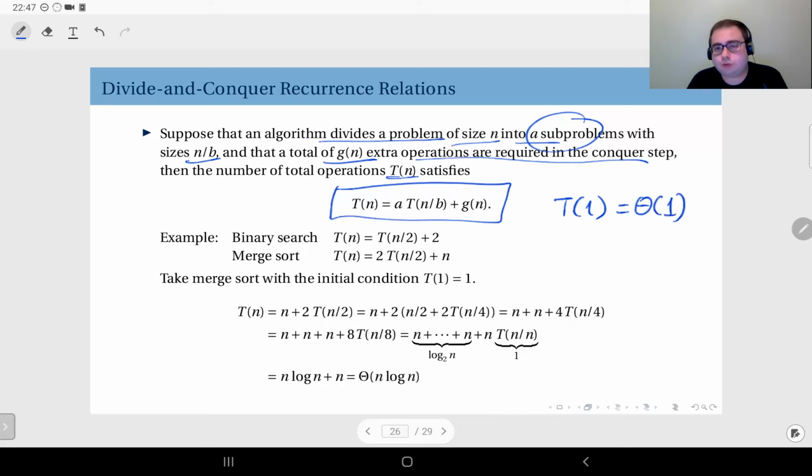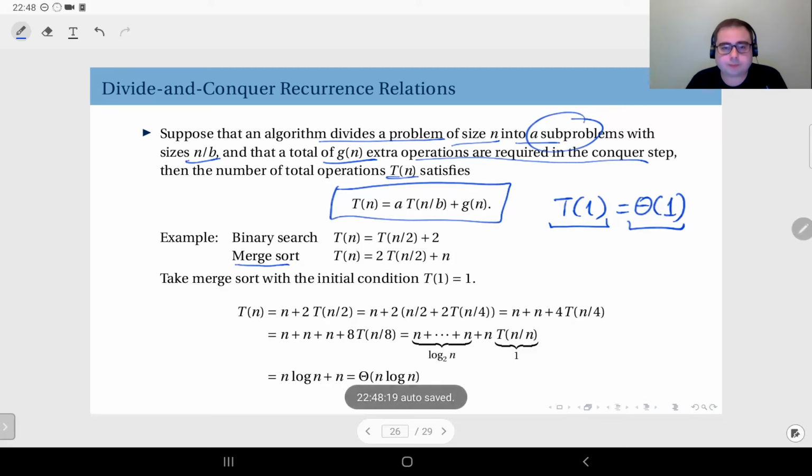It could be 2, it could be 5, it could be 11, it could be 100, but the idea is it's a constant. So this is our general assumption: when you hit the basis condition, the number of operations required is constant. And let's look at how to solve this on a simple example.